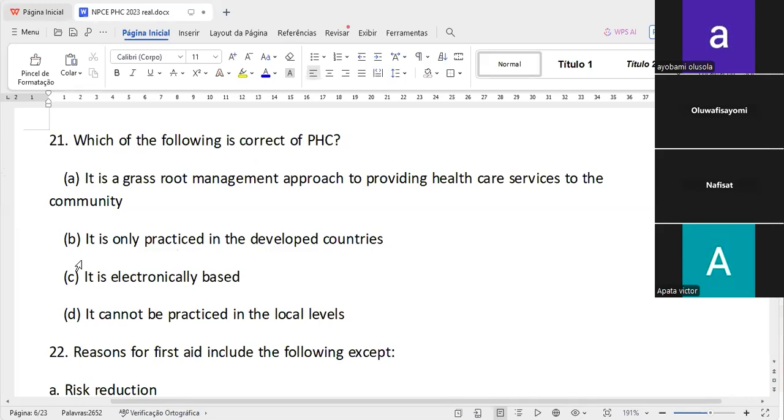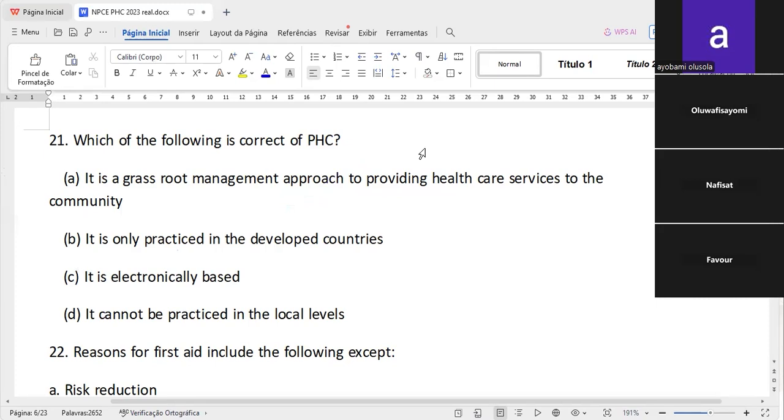Which of the following is correct of PHC? A. Correct. It is a grassroots management approach to providing healthcare services to the community.